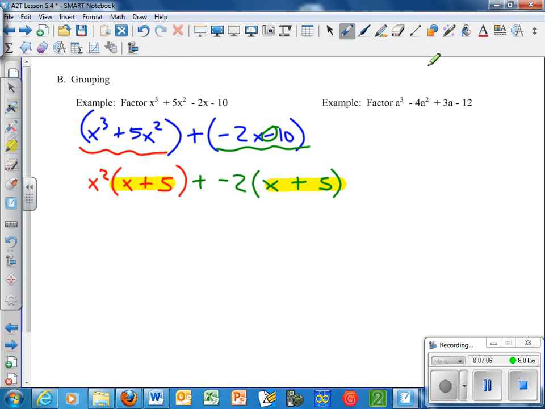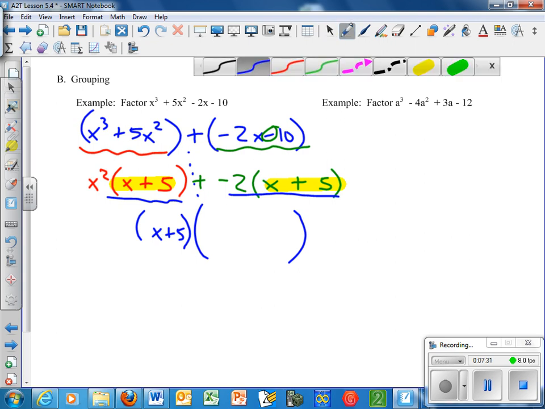So what we're going to do now is take that out of each, kind of think of this as being in half. We're going to take that out of the left half, this over here, and we're going to take it out of this side and see what's left. So I'm going to factor out my common binomial factor of x plus 5. There's a times in between, and now what you're left with is really this right here.